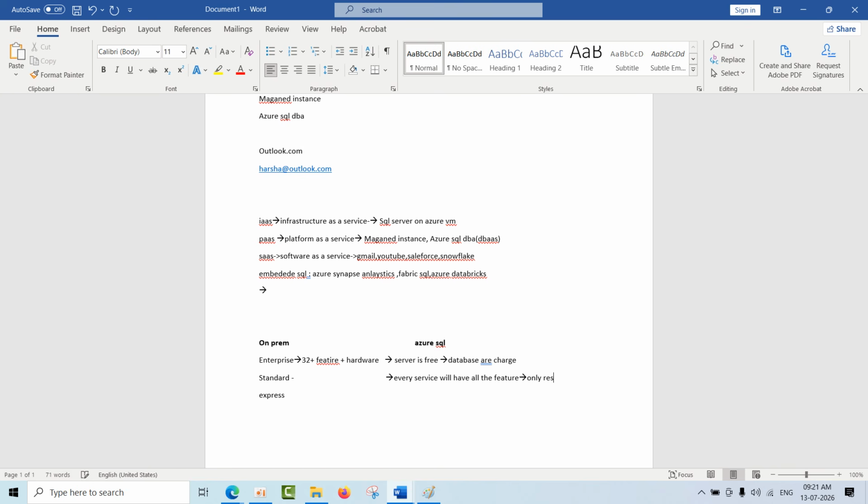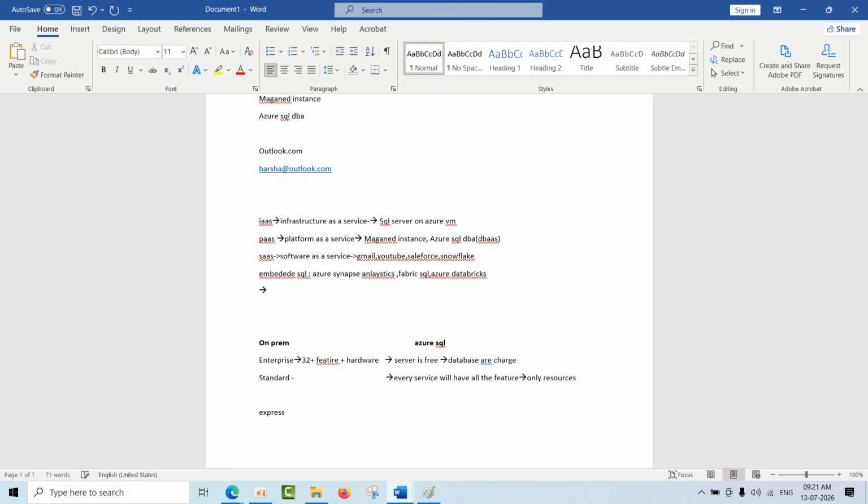Only resources. Only resources means if you have a lower service tier you will have only, say, two CPUs, 50 GB RAM, like that. Only resources will differ, but there are no feature limitations. Okay, so these are all the differences between on-prem and Azure SQL database.